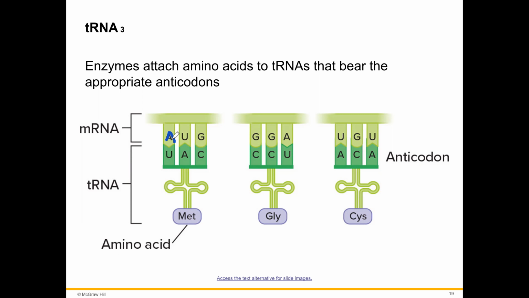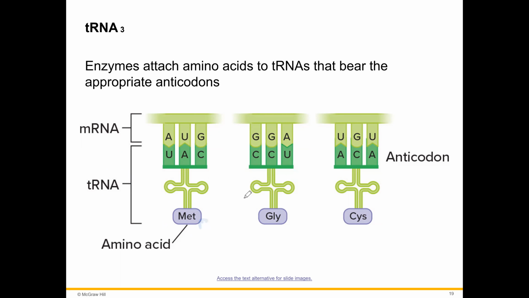You see, A always binds to U, U to A, and G to C. So this tRNA is complementary to this codon. Codon and anticodon, they match. And if the tRNA has the anticodon UAC, it's always going to carry this specific amino acid, methionine.